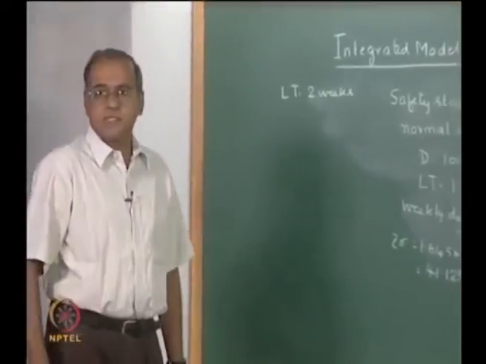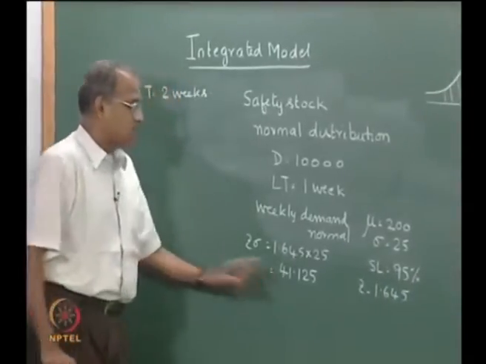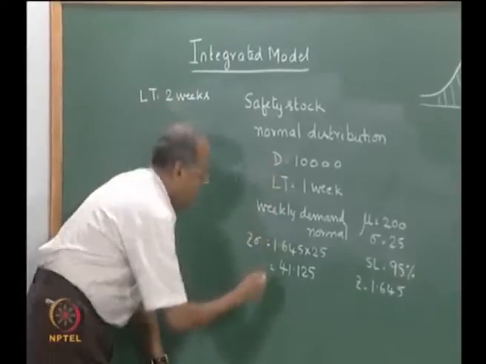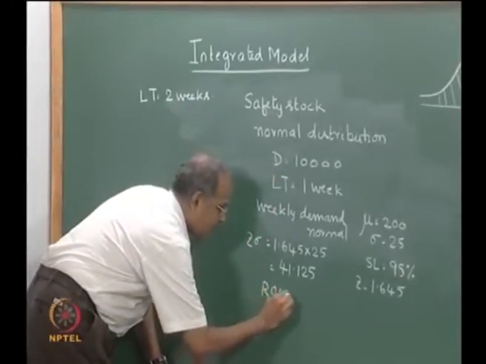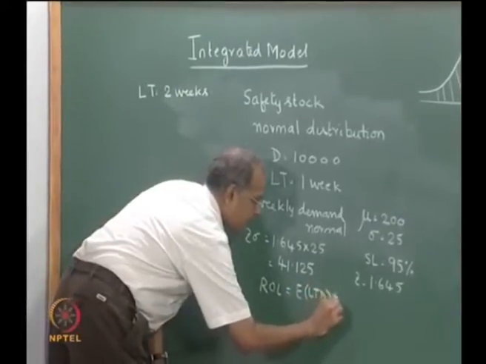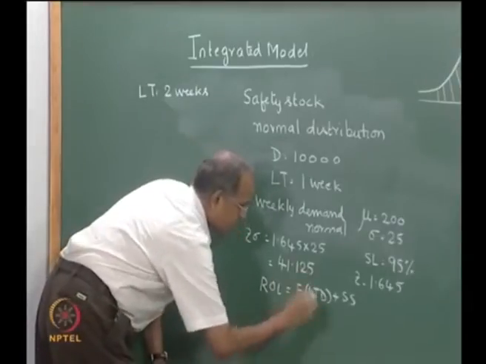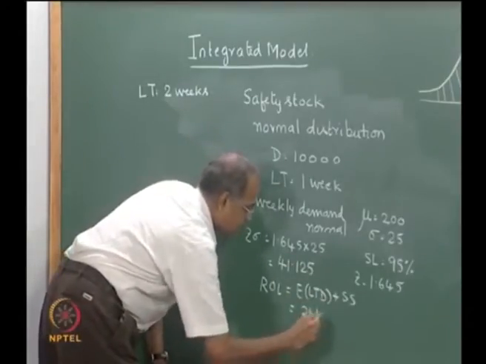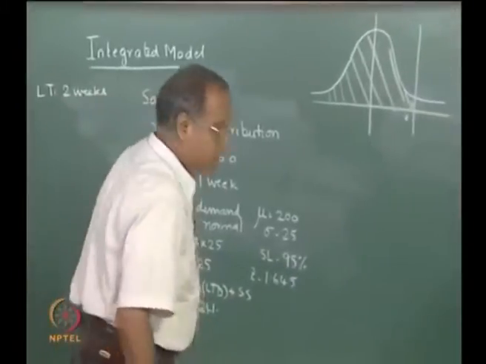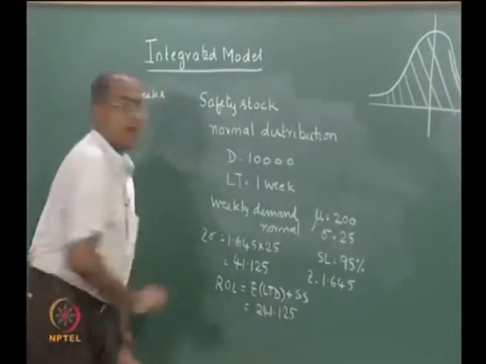In the 1-week case, the reorder level is the expected value of lead time demand plus safety stock, which is 200 plus 41.125, which is 241.125. So, this is the reorder level here.